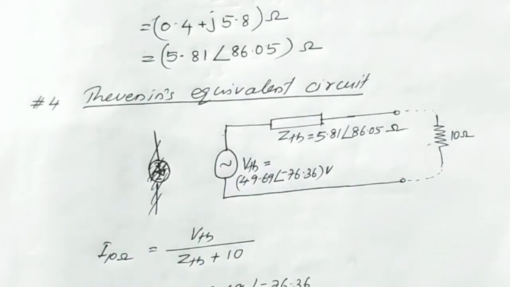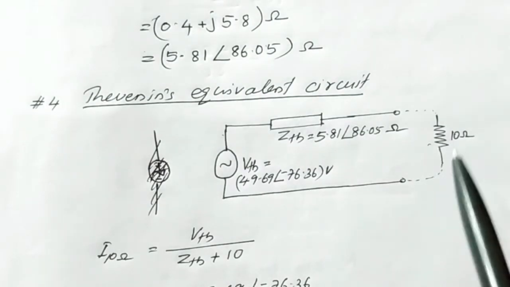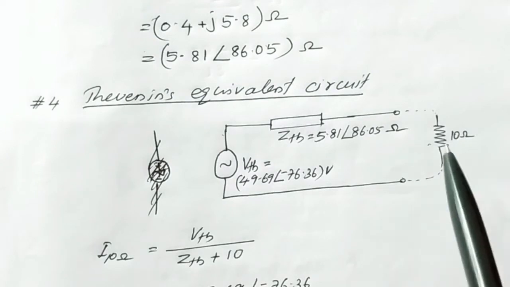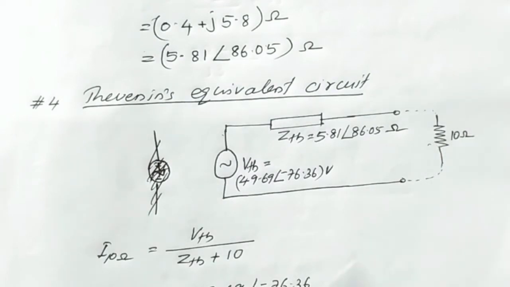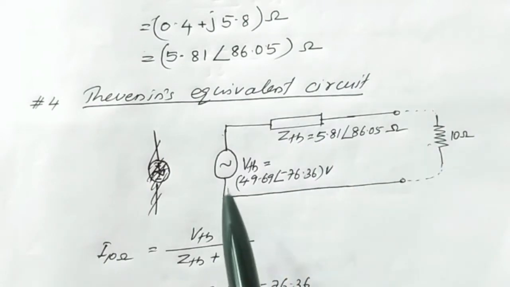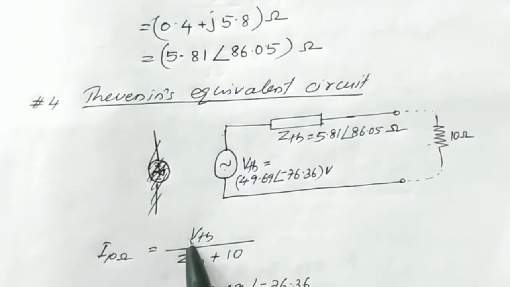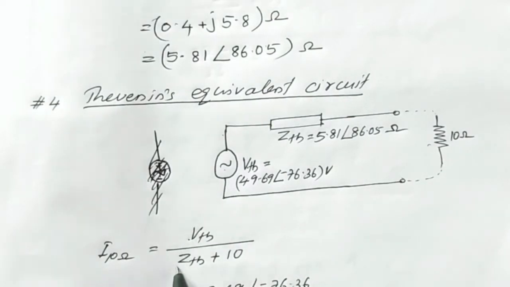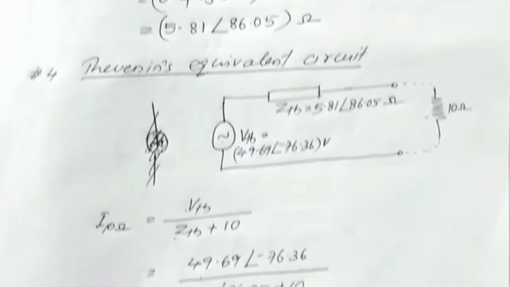Now the next step is to find the current flowing through the 10 ohm resistor. So we need to reconnect the 10 ohm resistance which we removed in the first step. After reconnecting, we can use the basic law to find the current. The current flowing through the circuit is equal to voltage divided by total impedance. Here the voltage is VTH, and the total impedance is ZTH plus 10.